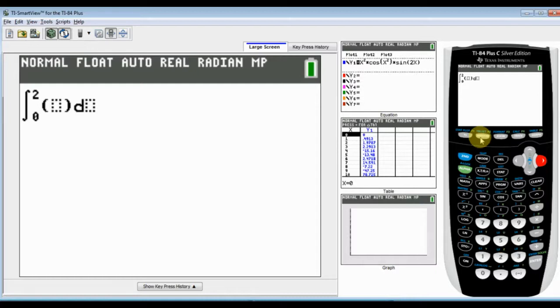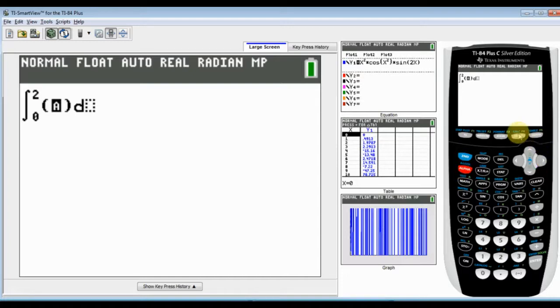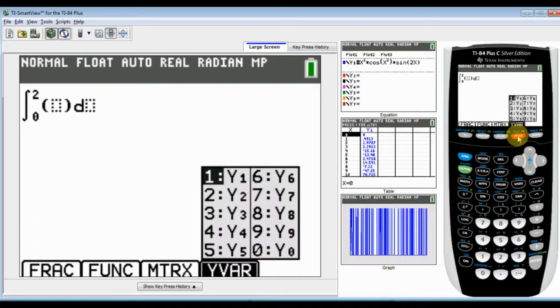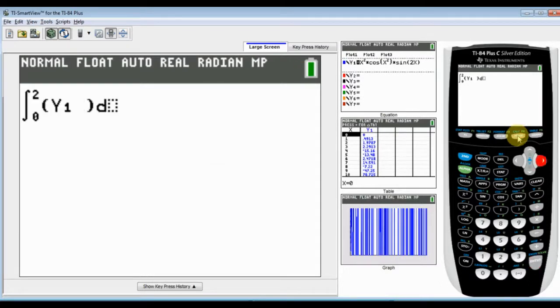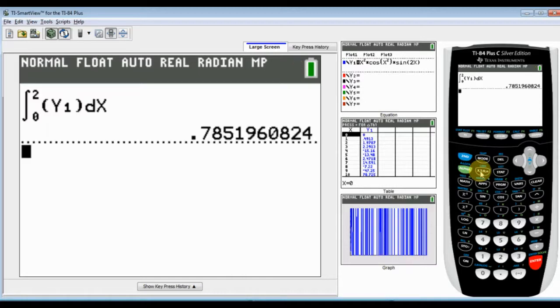The function that we want to put there is in y1, y1 dx.